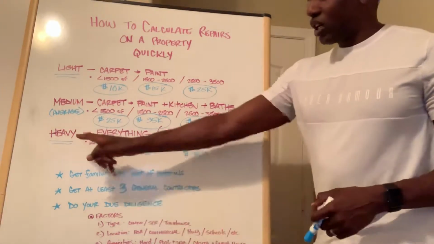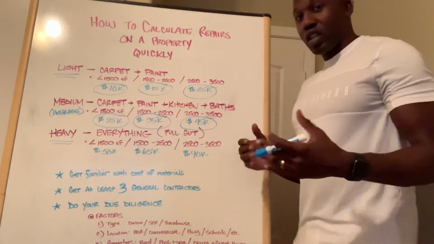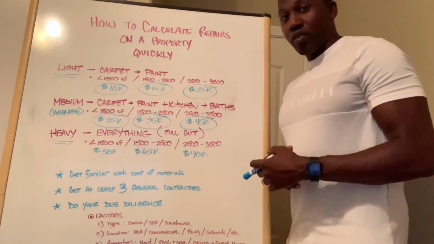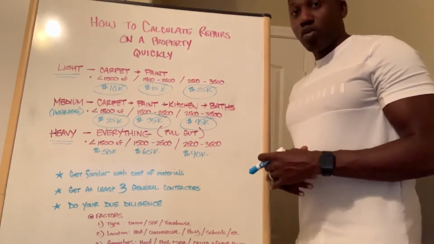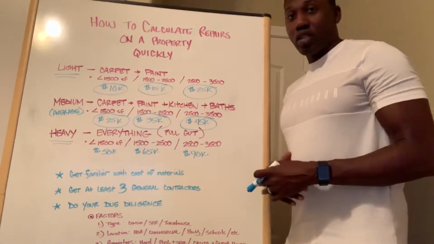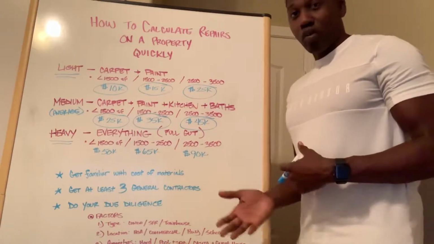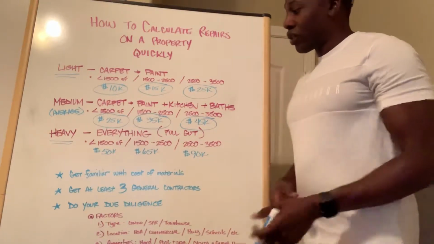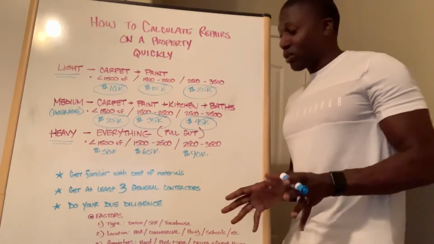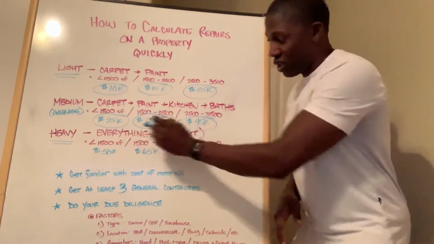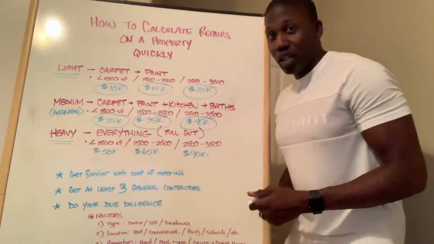Then we're moving on down to heavy, but this is everything, the full gut. So usually this can involve a furnace or fireplace, maybe the roofing, hot water heater, the garage door needs to be repaired or replaced, drywall damage, pretty much everything that can go wrong or be wrong with the property. That's going to be in your full gut heavy remodeling repair costs.